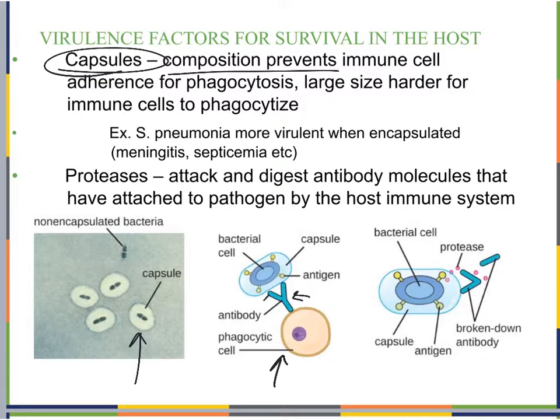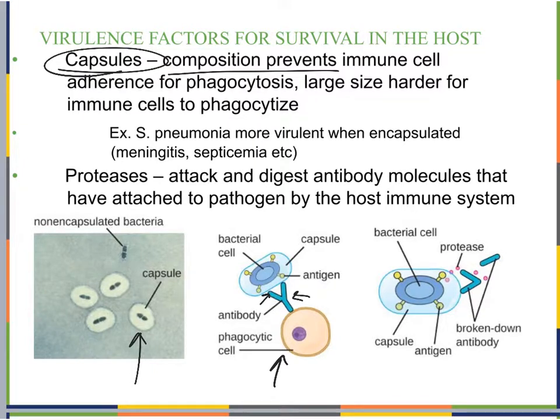That's typically what is going to interact with the antigen, which is the part that tells us when it's a cell that we don't want in the body. It's non-self. And so our phagocytic cell isn't able to attach its antibody to the antigen to then initiate the phagocytosis. Since it's not able to initiate the phagocytosis, it kind of goes by it. So the capsule protected that bacterial cell.